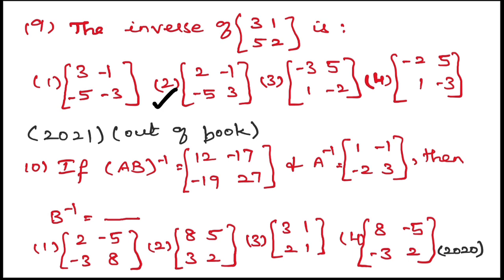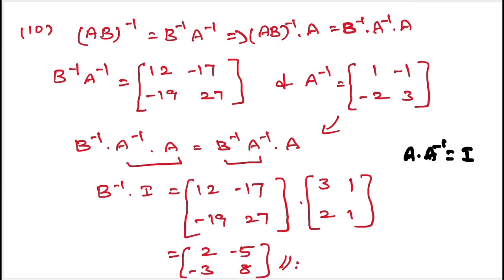If AB the whole inverse is equal to 12, minus 17, minus 19, 27, A inverse is equal to 1, minus 1, minus 2, 3, then find out B inverse. We know AB the whole inverse is equal to B inverse into A inverse.